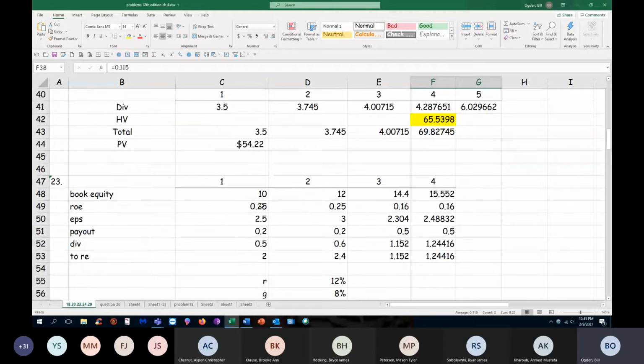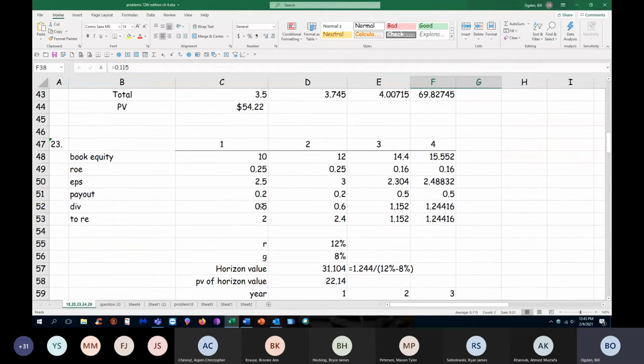Problem 23. Now, this is just a recreation of the lecture notes with R as 12% instead of R of 10%. That's what I did in the lecture notes. So if I change this to 10%, that's exactly what we did in the lecture notes. Change this back to 12, it's the problem. Okay, so question number 1, calculate the value.